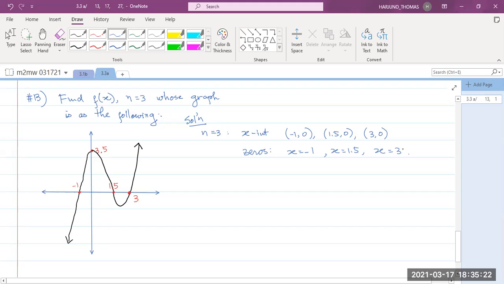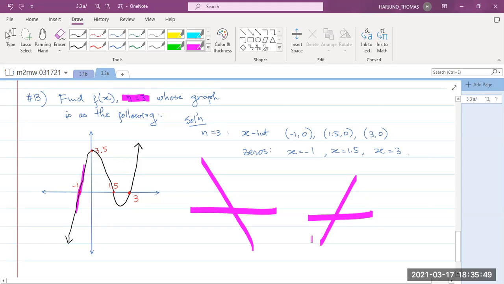Well, suppose we don't know the degree is 3. Then we still see that as degree of 1. Why? Because it crosses the x-intercept kind of like a line. It crosses the x-intercept like this, or like that.